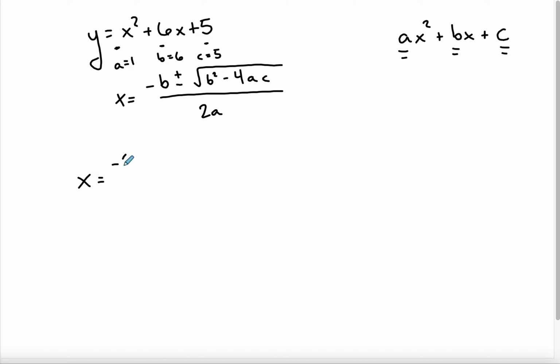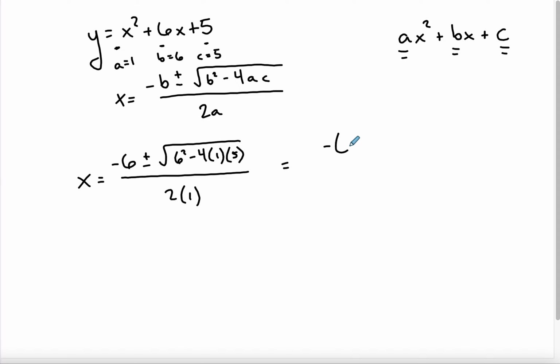Negative b is negative 6 plus or minus the square root of 6 squared minus 4 times 1 times 5, all divided by 2 times 1.